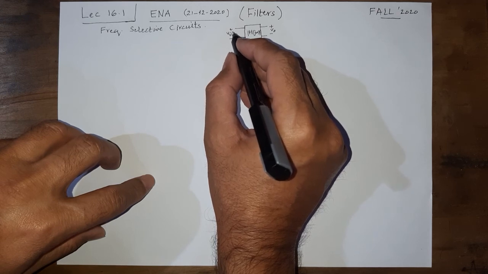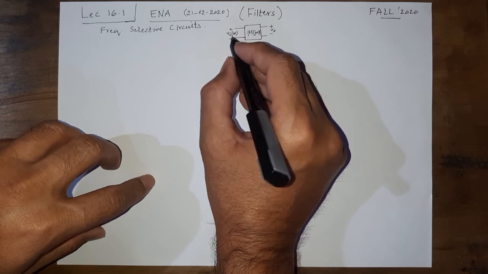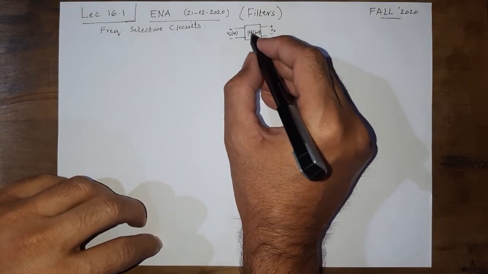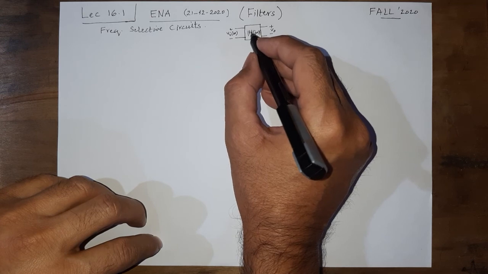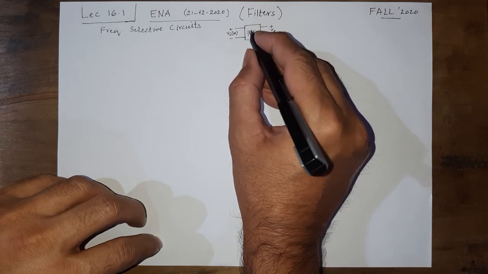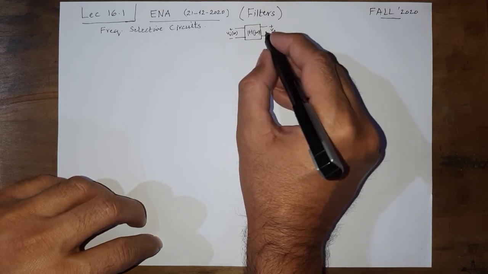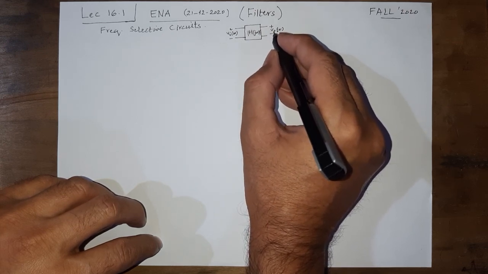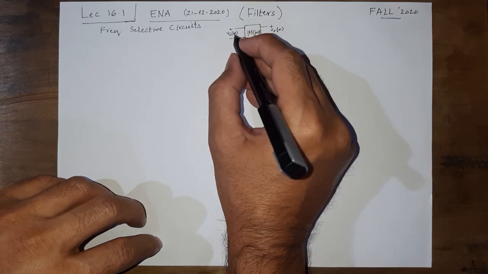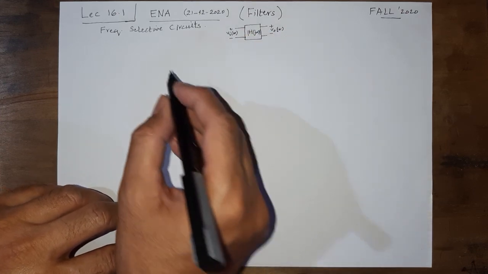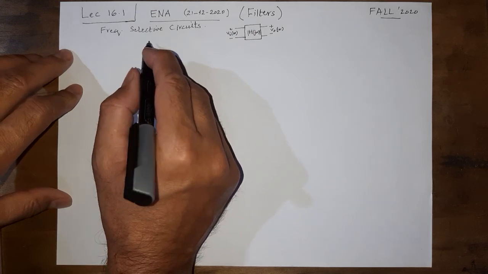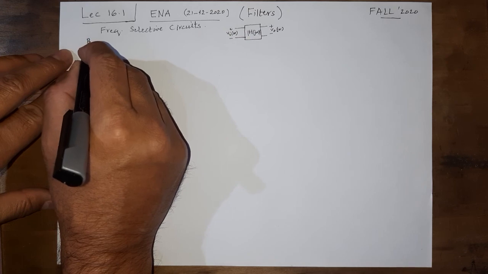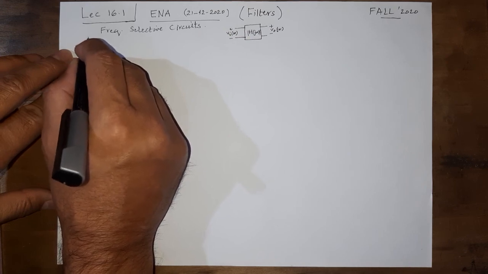So if the input is a function of frequency, and we know the system response, or the transfer function, is also dependent on frequency, then the output would also be a function of frequency, but it will depend on what exactly the frequency is.